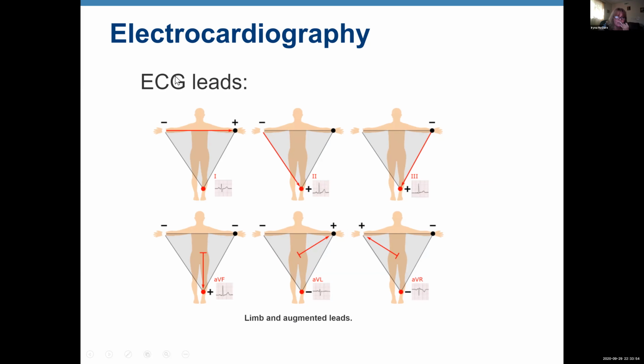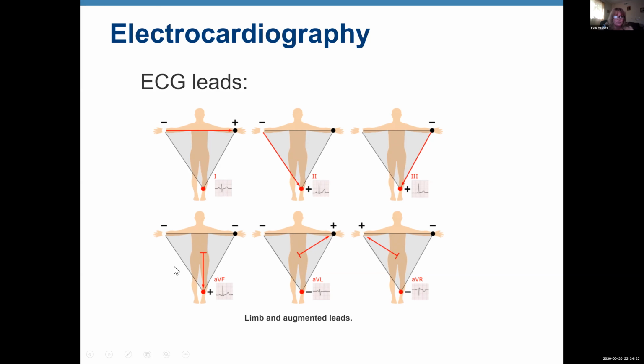So this is just limb and augmented leads. They all have different names: lead number 1, 2, 3, AVF, AVL, AVR, right? So this is from the lateral side, this is from the right side, this is from below, you're looking at the heart.